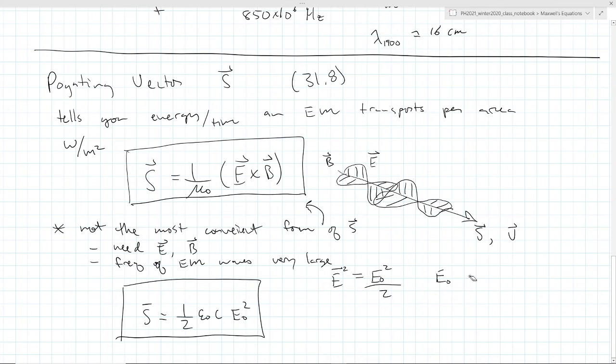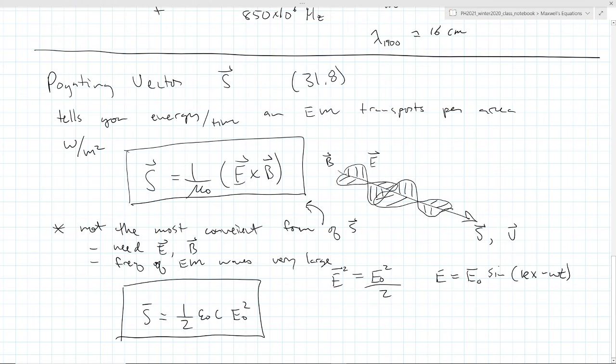You know that there's a simple relationship between the RMS amplitude and the peak amplitude. So that's what we're making use of here.